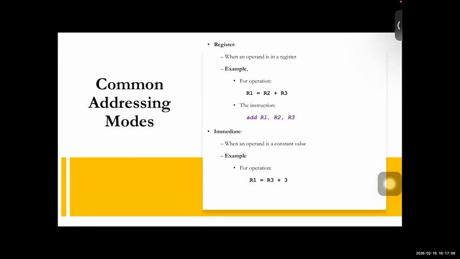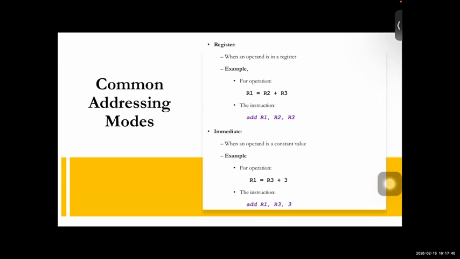We call this a static value also. So within this instruction, the addressing mode of the second operand is immediate. The instruction is add R3 plus 3 and store the result into R1.